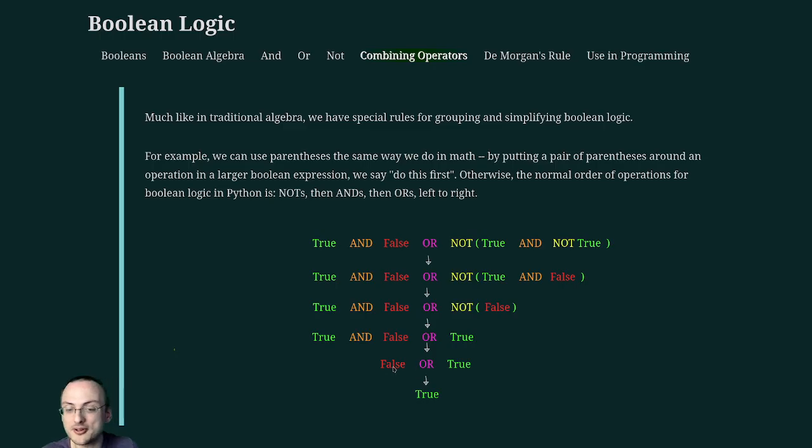So there's one or left, false or true. Or works as long as any part of it is true. This right part is true. So our final answer, if we were simplifying this expression, would be that this whole big mess up here becomes just the value true. And that is the answer for that logical statement.